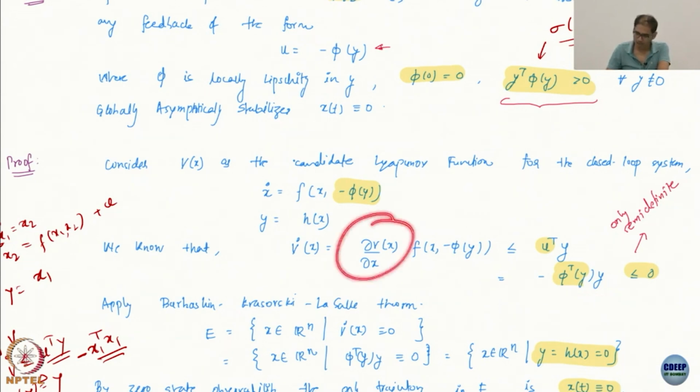I took the partial of V multiplied, absolutely, thank you very much. It does not have the entire state x, it only has y, which is less. So, if you do not have all the states, it cannot be definite at all. By our assumption, it is sign definite but not positive definite, okay. It is only negative semi definite, alright, excellent, good.